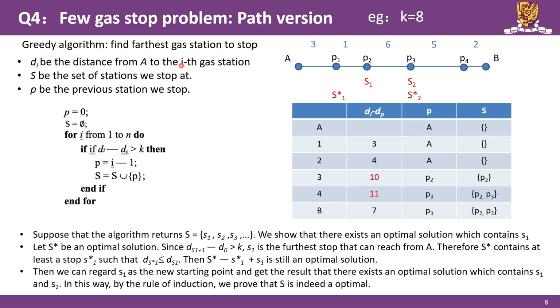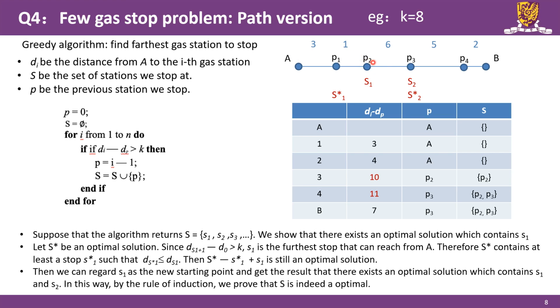The algorithm is as follows. Di means the distance from A to the i-th gas station. So for P1, the D1 will be the distance between A and P1, and for P2, the D2 will be 3 plus 1, which is 4.